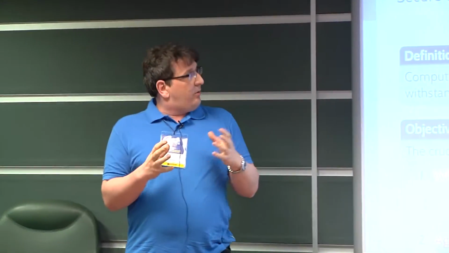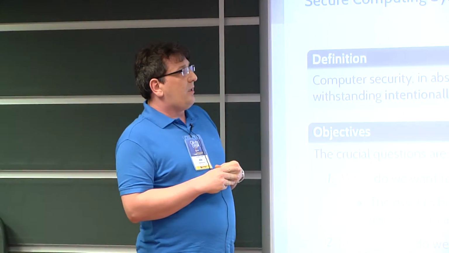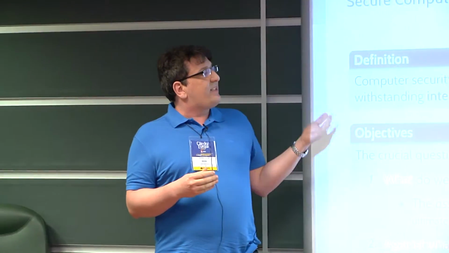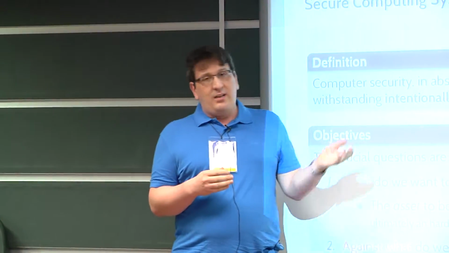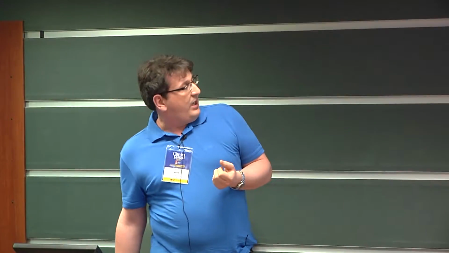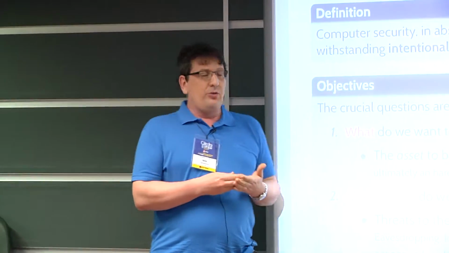What about a secure computing system? By definition, computer security in abstract is the capability of a computing system of withstanding intentionally induced ill functioning. So, the crucial questions are: what do we want to be secure in a secure computing system, and against what do we want it to be secure?